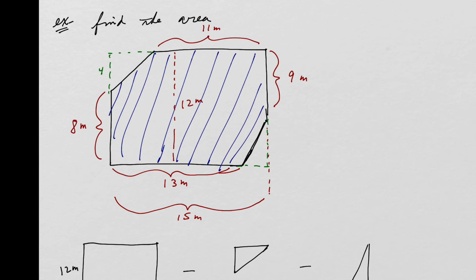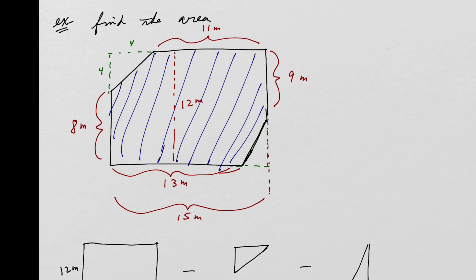And if this total length is 15, and here to here is 11, then what's left over? Well, 15 minus 11 must be what's left over. So this is also 4, in this case, right? Actually, let's figure out the other dimensions of the bottom right triangle now, too.